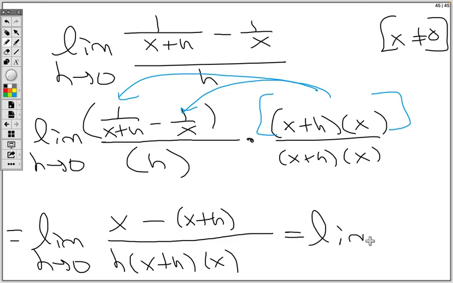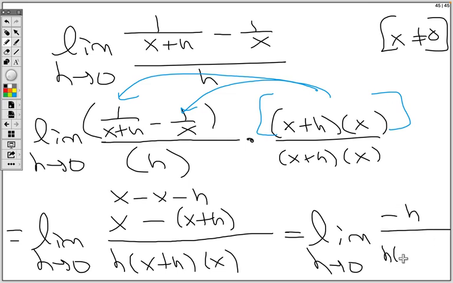So simplifying the numerator now, we've got x minus x plus h. So the x's will cancel out. We're then left with a minus h in the numerator. So we've got the limit as h goes to 0.